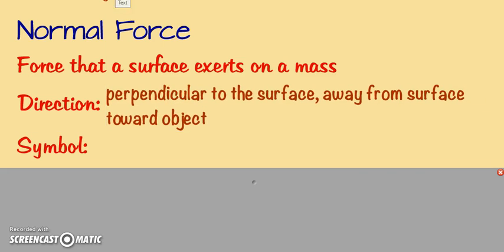Just like gravitational force, normal force will have a capital F, but this time a subscript capital N. Now, depending what resource you look at, some textbooks or some websites may just simply use a capital letter N as the symbol for normal force. I find this can get a little bit confusing because it's easy to confuse it with the symbol for Newton, which is also a capital N.